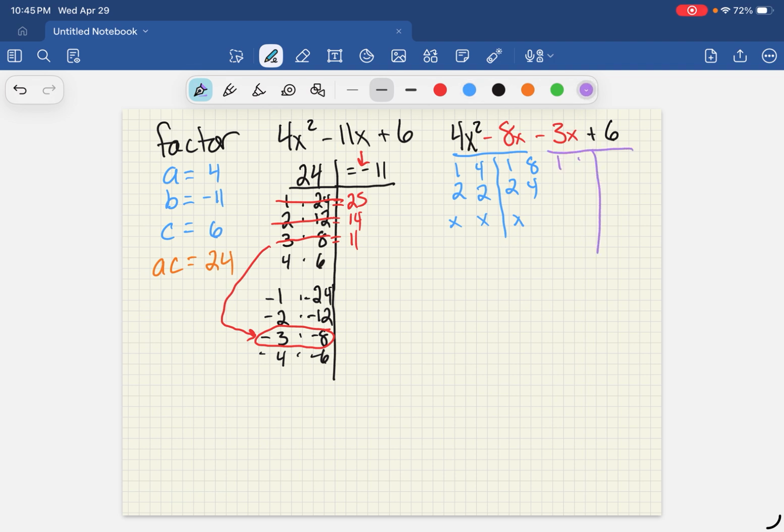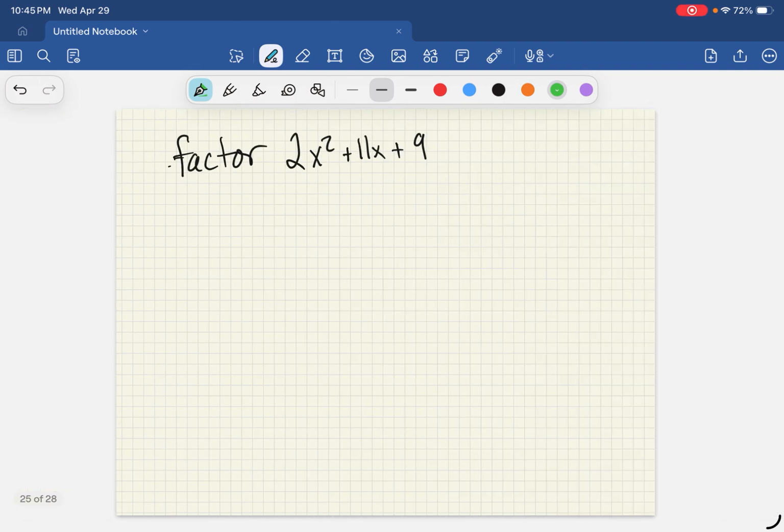Now I'm going through and writing out all the factors of my terms. I'm going to circle my GCF. So my GCF is a 4x and a 3. Again, I'm not doing the signs. I'm going to get that here in a minute.